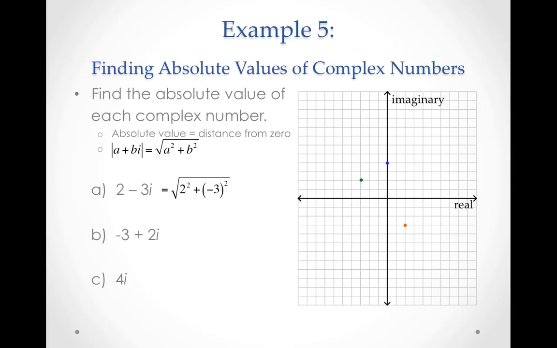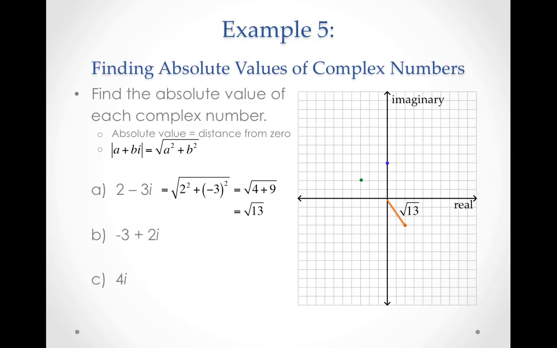So in the first example with 2 minus 3i, I would take 2 squared plus negative 3 squared and then square root the entire thing. That would be a 4 plus 9, which would give me 13. So the distance from the 2, negative 3 point to the 0, 0 point is a square root of 13.